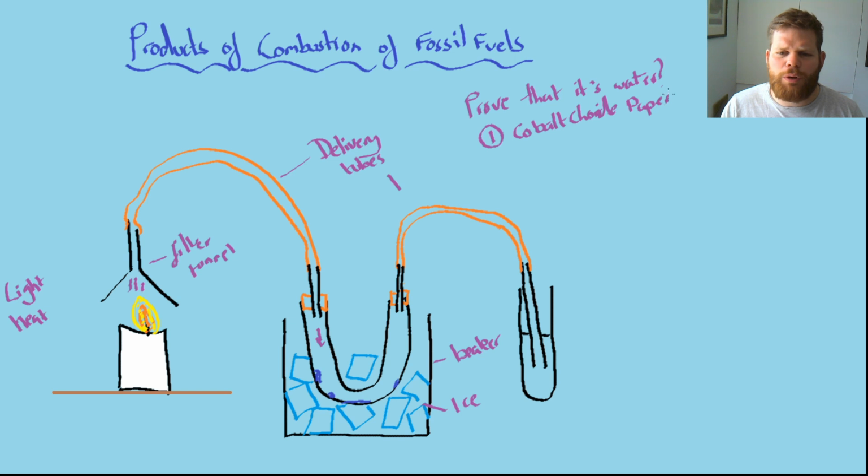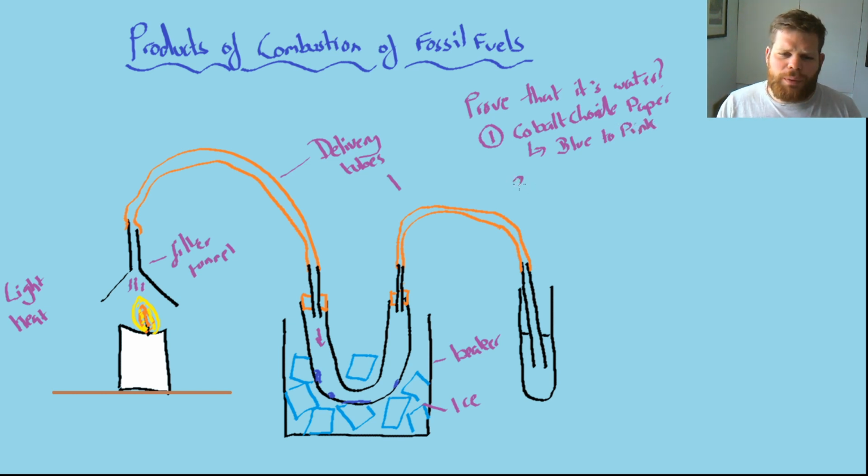If we test it with cobalt chloride paper, we'll see a colour change. Cobalt chloride paper is blue, and when we add that liquid, it will go from blue to a pinky colour. So we see blue to pink.